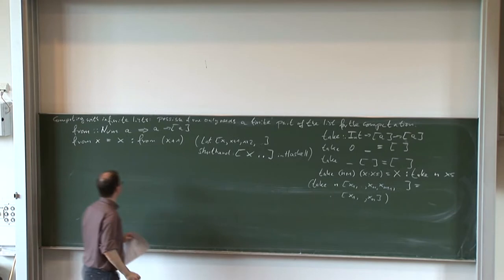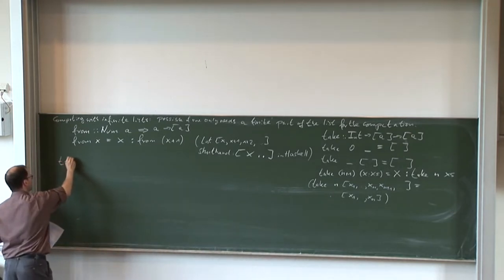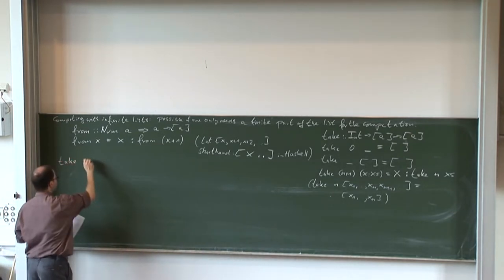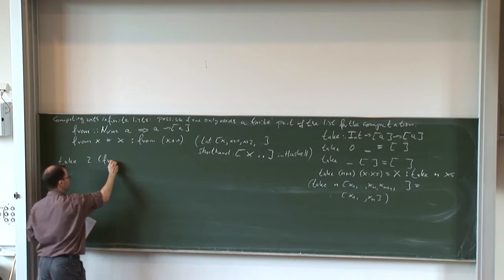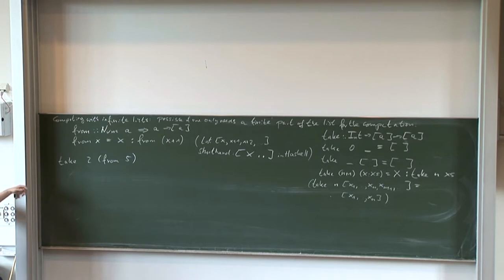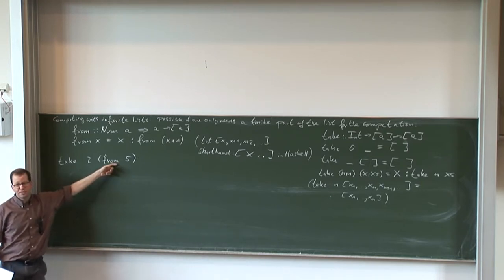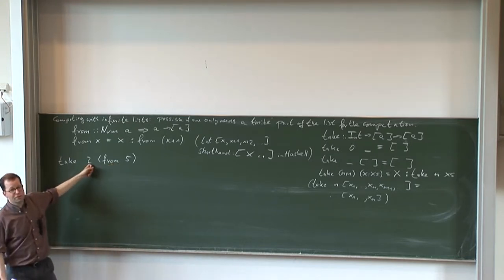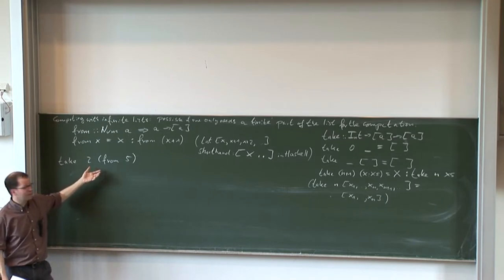So in other words, if we now evaluate the following expression, say take 2 from 5, then of course from 5 is an infinite list. This is the list 5, 6, 7, 8, 9, 10, and so on. But if we just want to have the first 2 elements of this list, the result is a finite list.